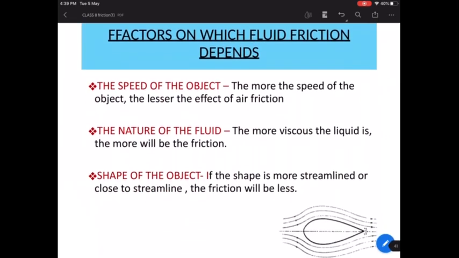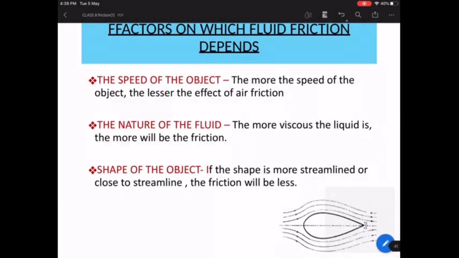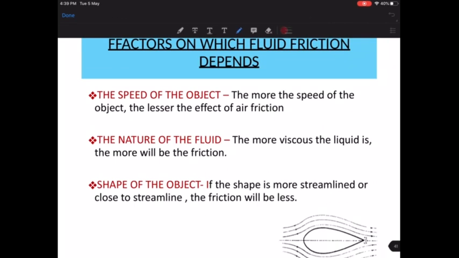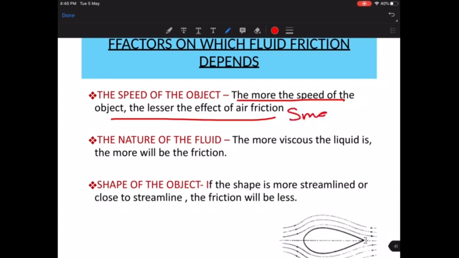Now let's see how the speed of the object determines fluid friction. Suppose the aircraft or the bird is flying at a very, very high speed. Then the air friction will be lesser, because it is only for a very small time that you experience that air friction.